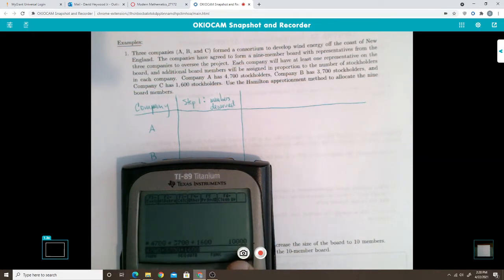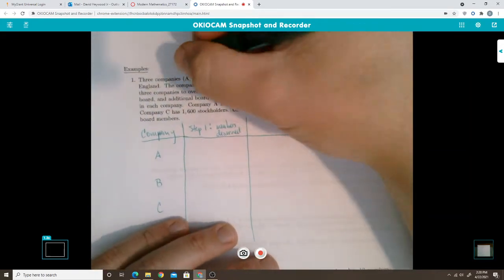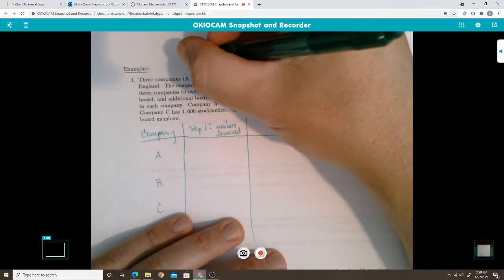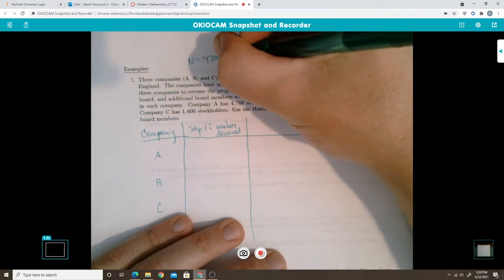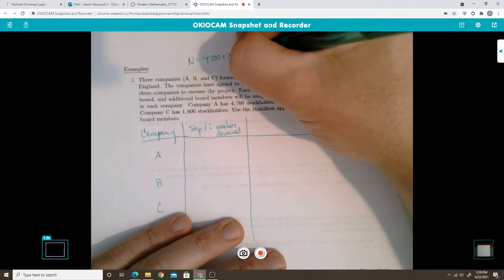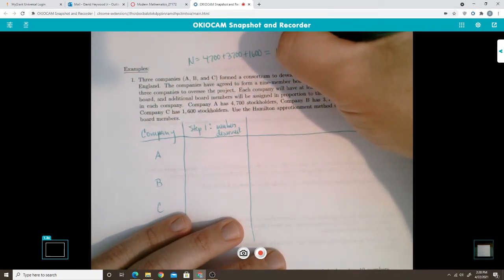So the total population, this would be n in the formula that we gave earlier, right? So maybe I'll do this as kind of scratch work up here. N is 4,700 plus 3,700 plus 1,600, and that comes out to 10,000.